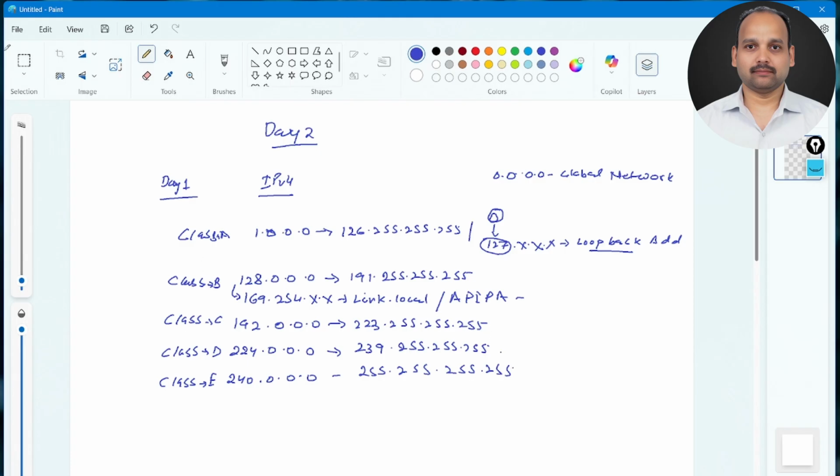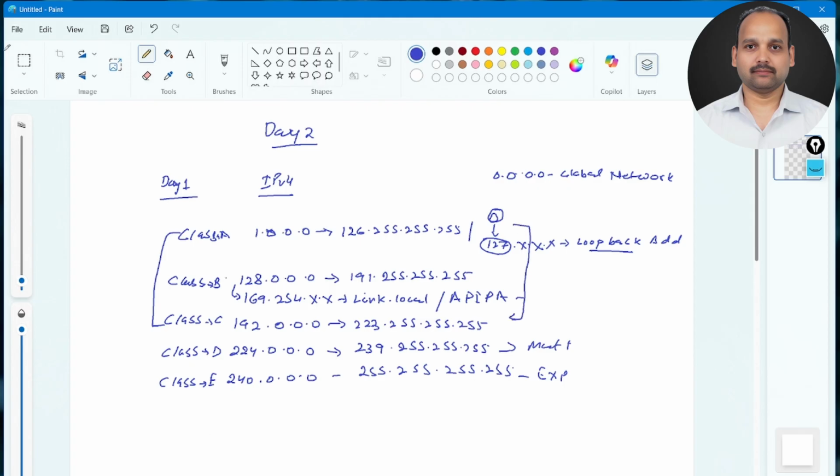Class D is reserved for multicasting, and class E is reserved for experimental use. So normally we can use only class A to class C.